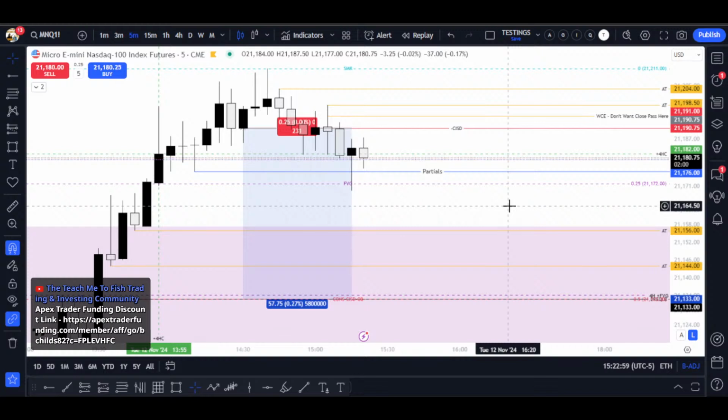And basically, if I don't get a setup by 4 p.m., that's pretty much it. And then I typically will look for Asian session to trade ICTs.